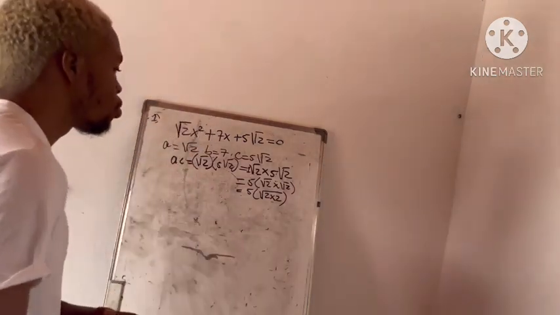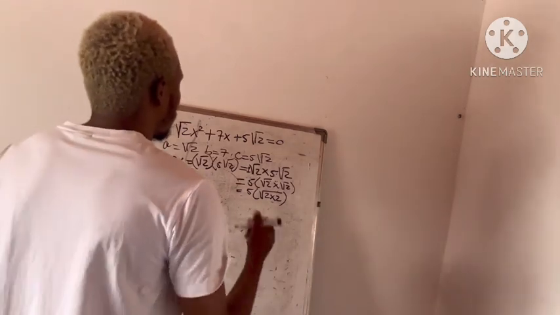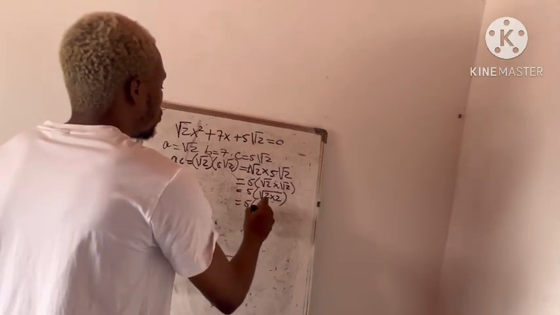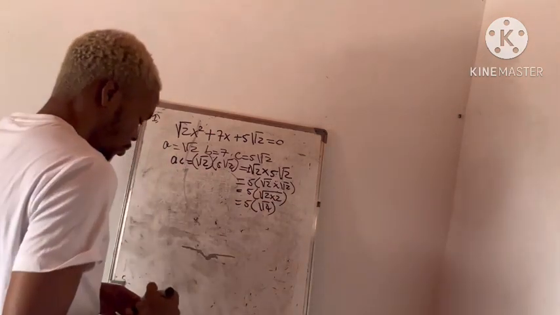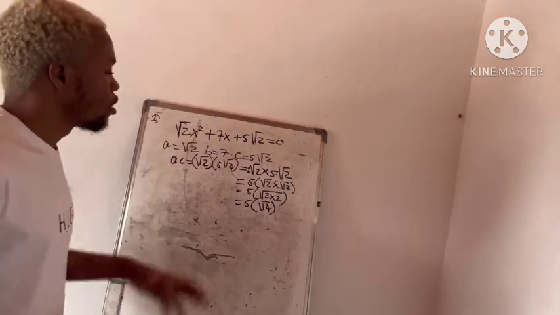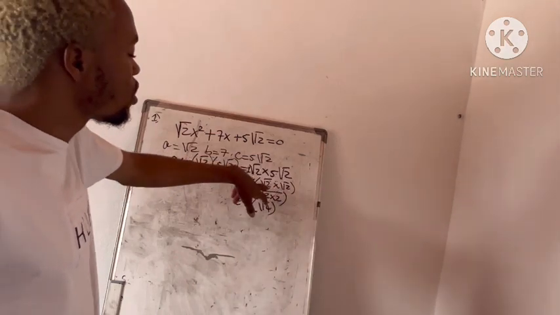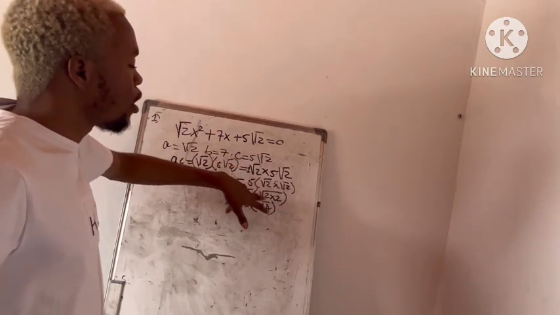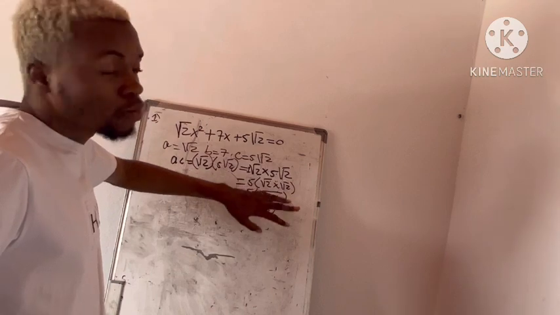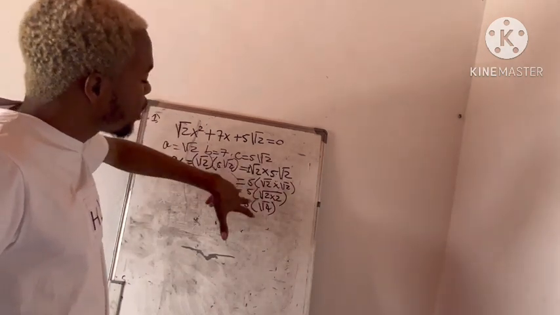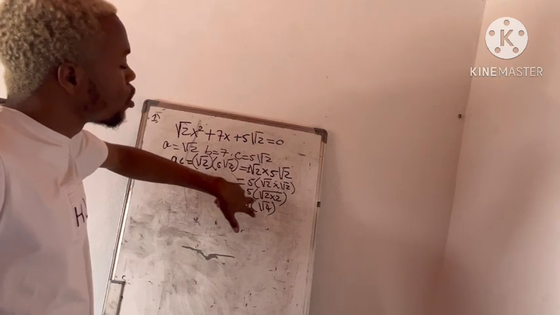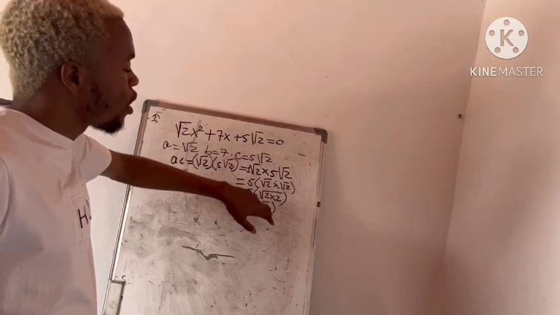Which you will end up with 5 into root 4. You see, root 2 times root 2 simply is identical to square root of 2 times 2. I hope that's understood. And here you then have 5 into square root of 2 times 2, you have 4.